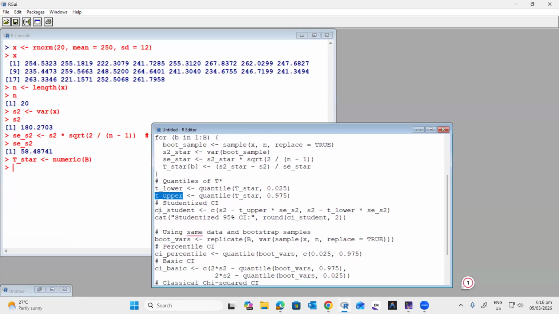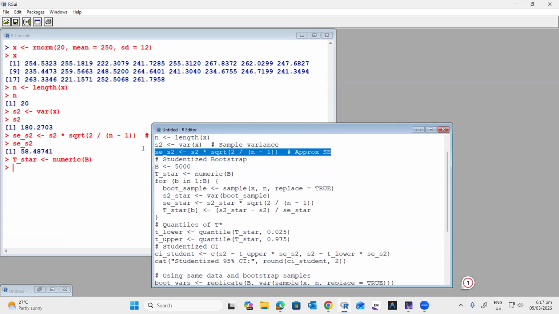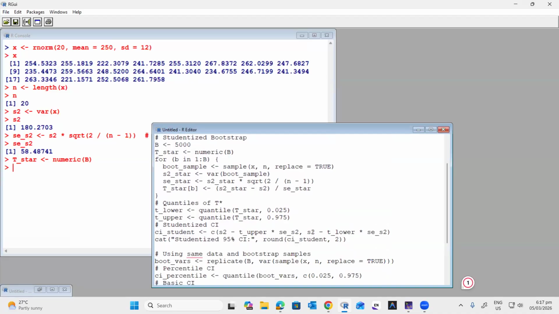So the confidence limit will be S2, that is basically your theta cap, minus T upper into the standard error, the estimated standard error that we are going to store here, SE underscore S2, and S2 minus T lower into SE underscore S2.